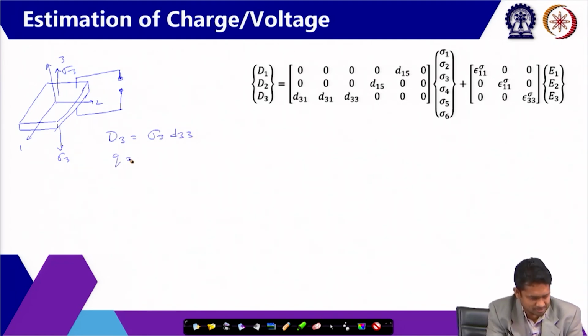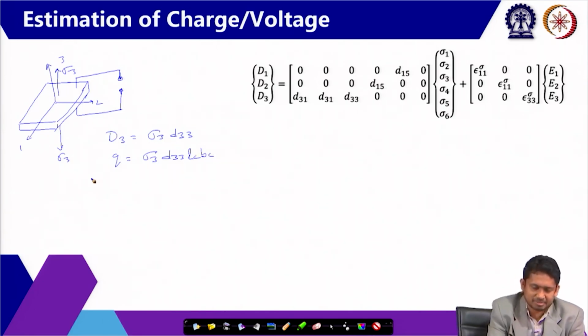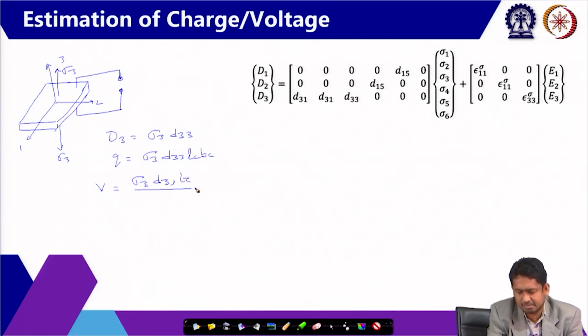So, Q becomes sigma 3 d33 multiplied by LCBC, and the expression for the capacitance remains the same. So, that gives me that voltage is equal to sigma 3 d33 Tc by epsilon 33 sigma.